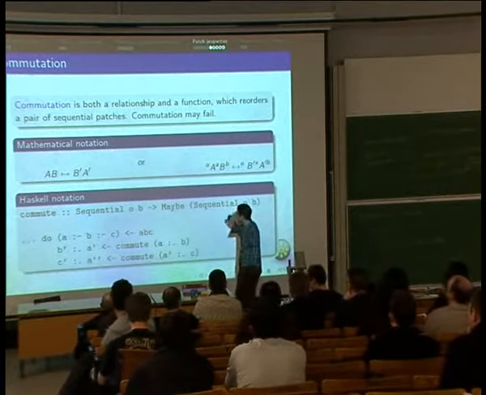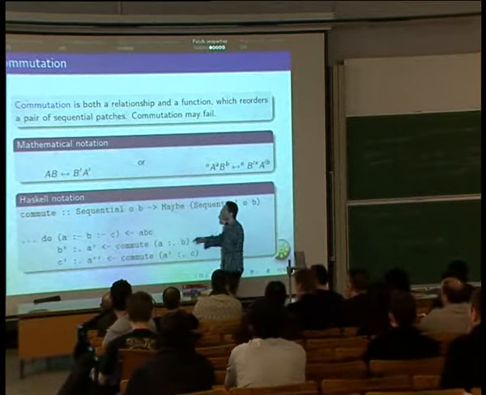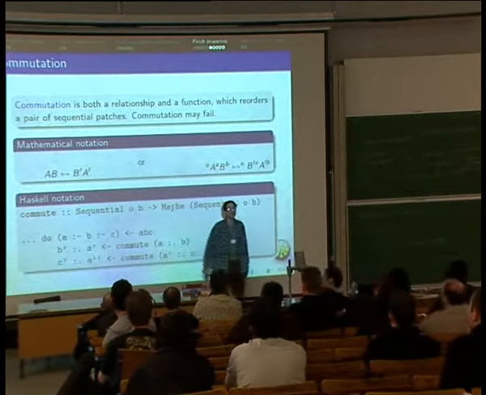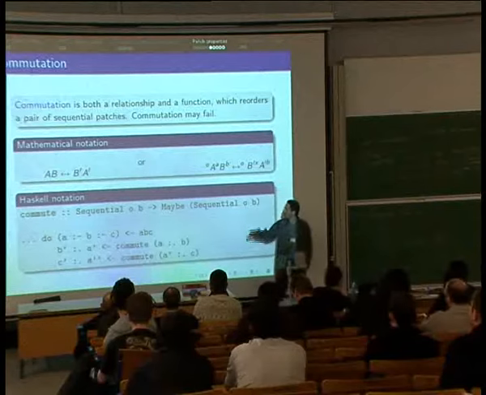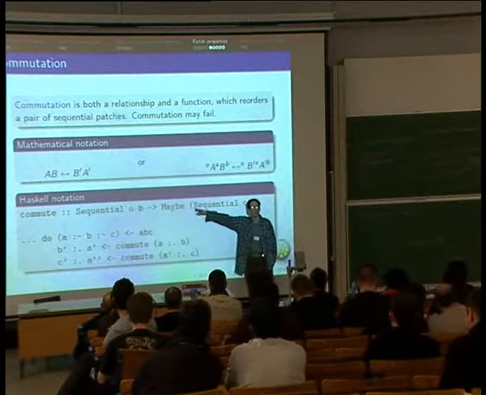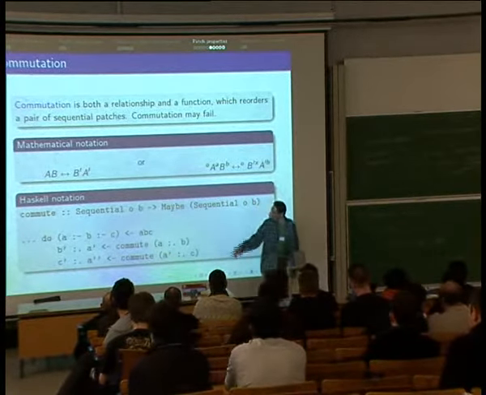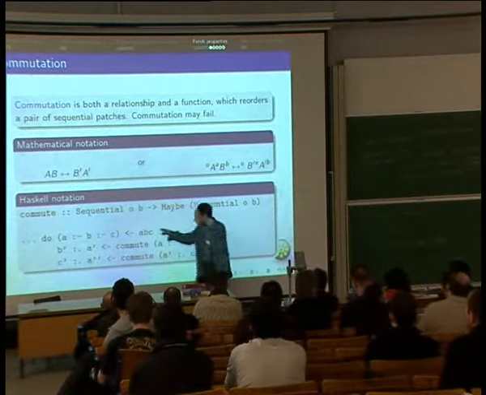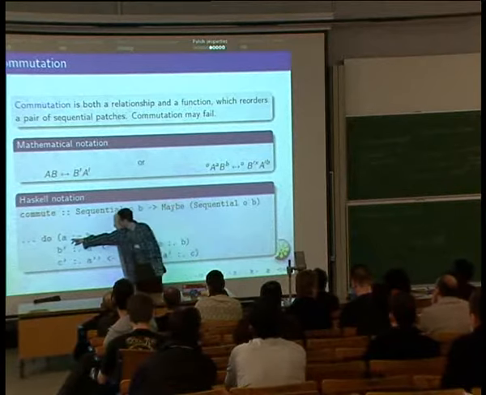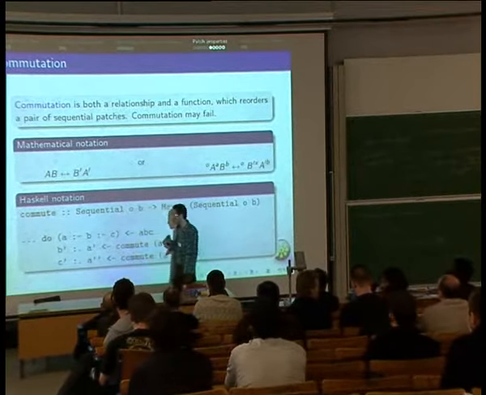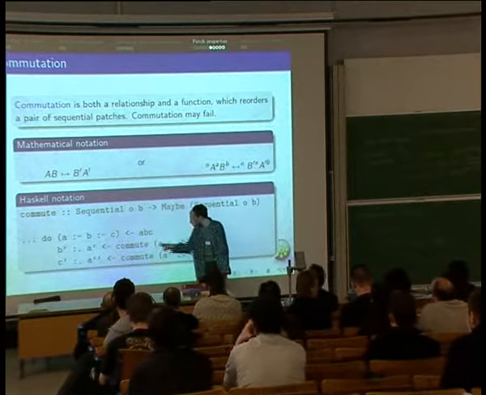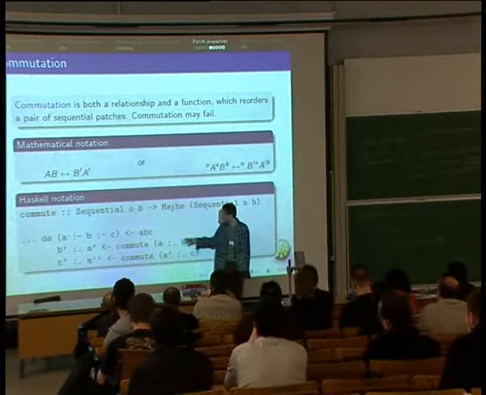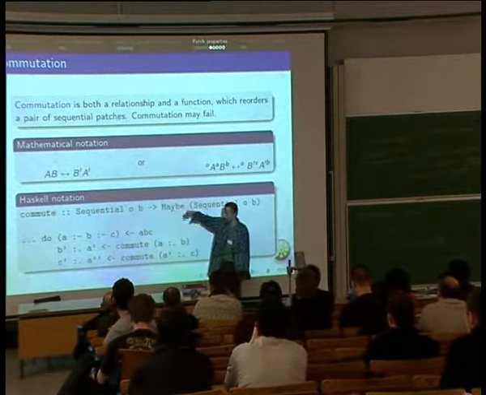So in this example, this is the Haskell do notation, which allows you to do a series of calculations that might return failure. And if they return failure, the final result returns failure. So you take some sequence of patches, A, B, C, which are sequential. Then you can commute the pair of patches A and B, which are known to be in order.